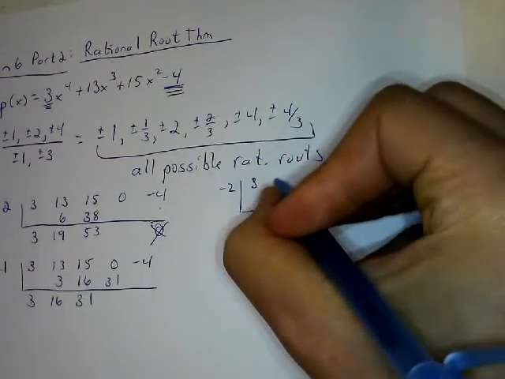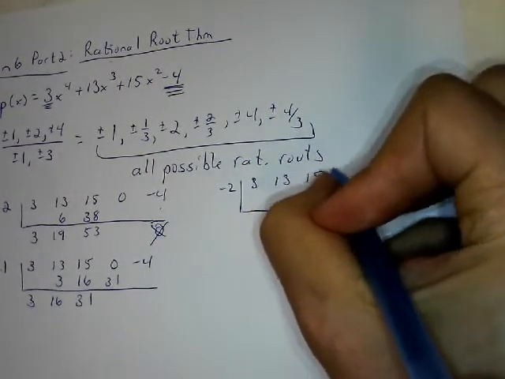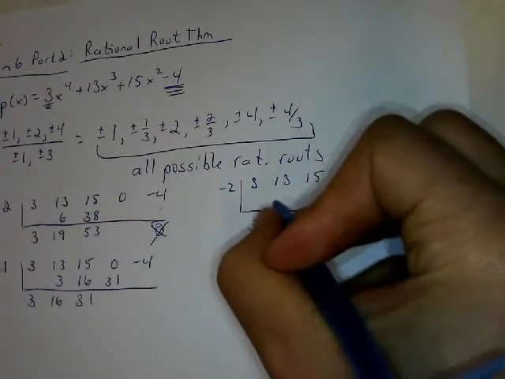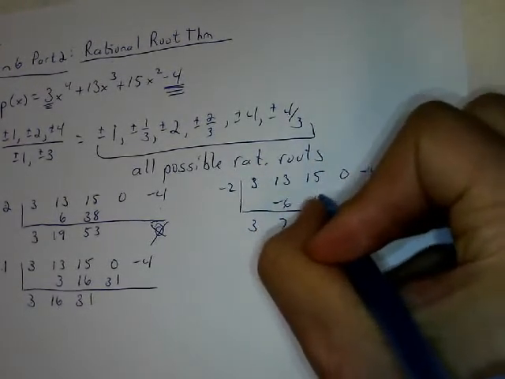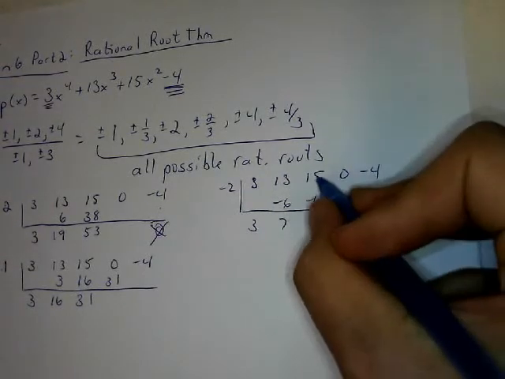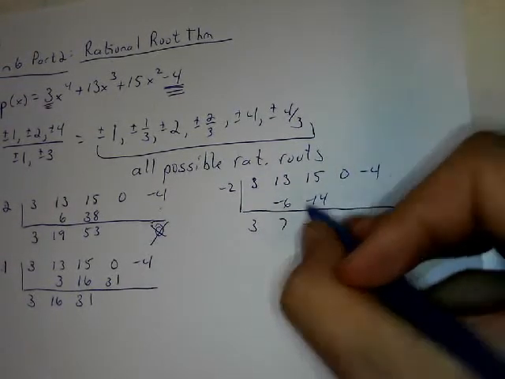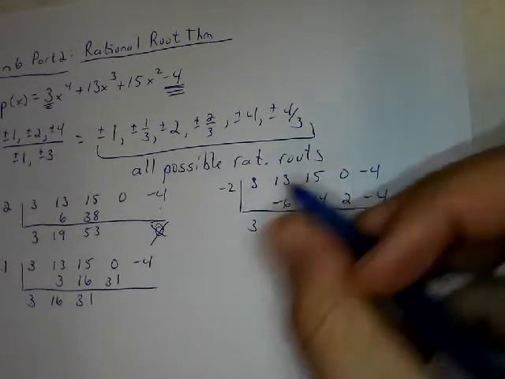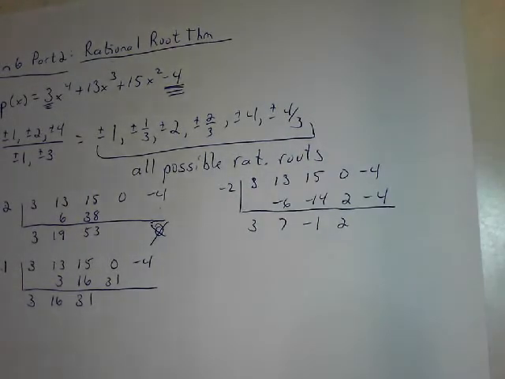So let's try -2. 3, 13, 15, 0, and -4. 3 times -2 is -6, you get 7, you get -14. Now I see something which I like here, in that it's getting smaller for a second there. So you get 2, you get -4. Is that right?